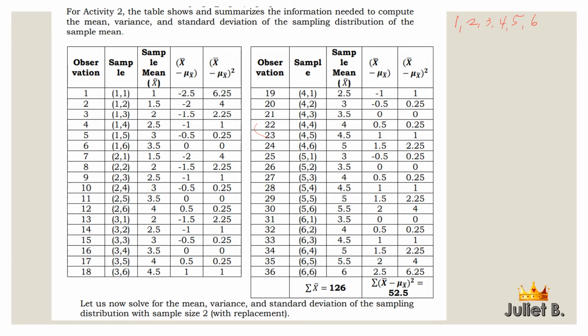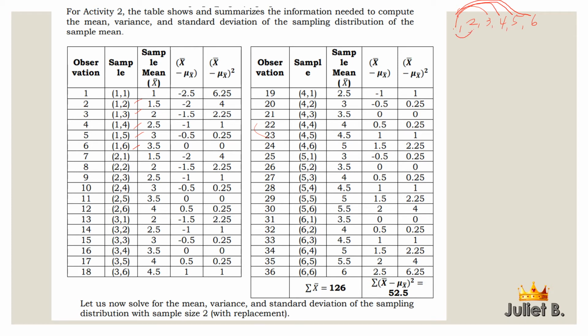So, values can be repeated. Starting from 1, we have 1, 1. Then followed by 1, 2, 1, 3, 1, 4. Then next, 1, 5. Next is 1, 6. We are done with 1. Our next is 2.